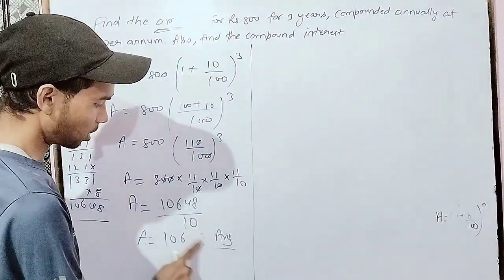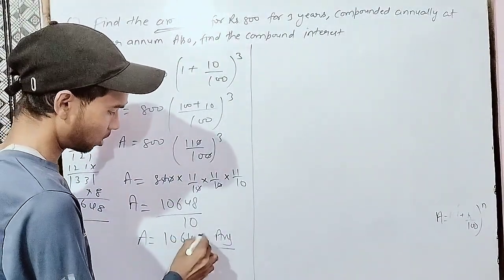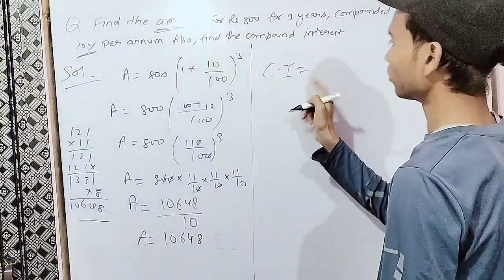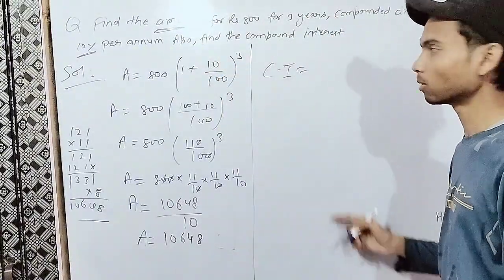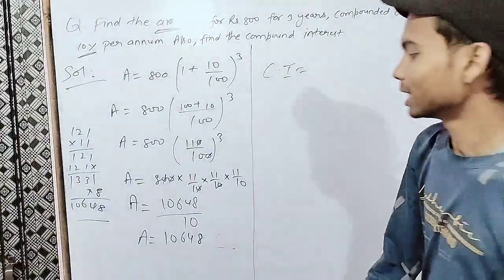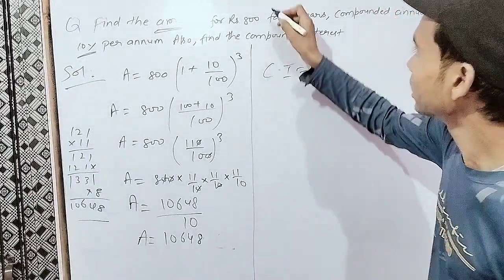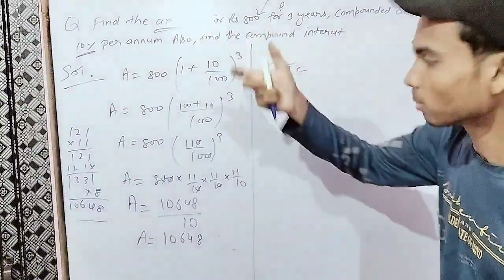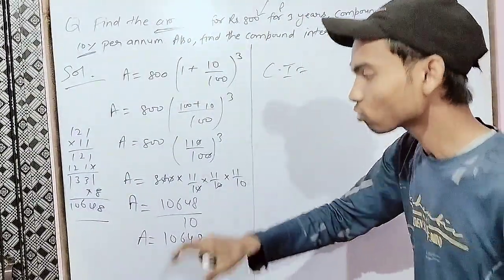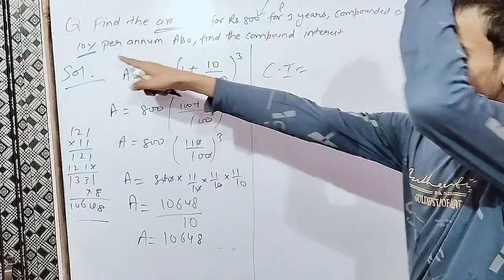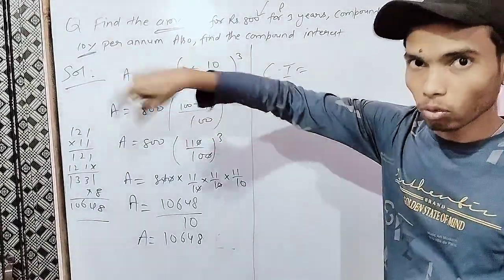Now we are going to find compound interest. Before calculating compound interest, we need to understand what this is. This was principal, the borrowed money. And here this is the final amount, in which 10% was applied.